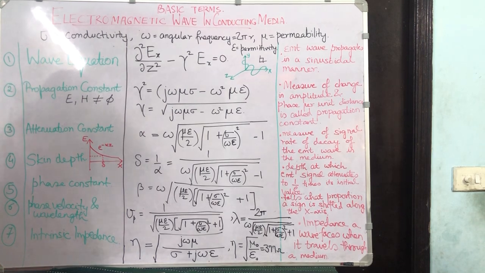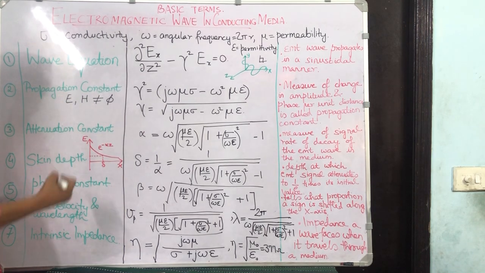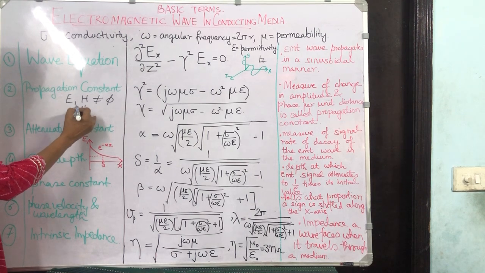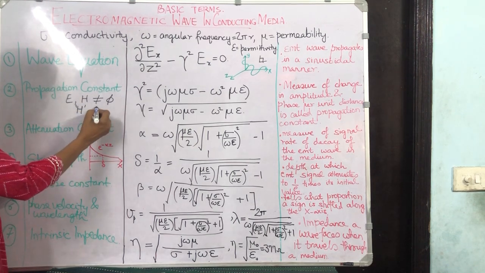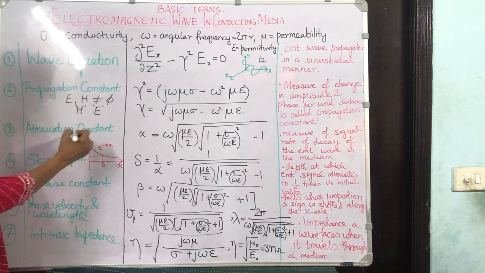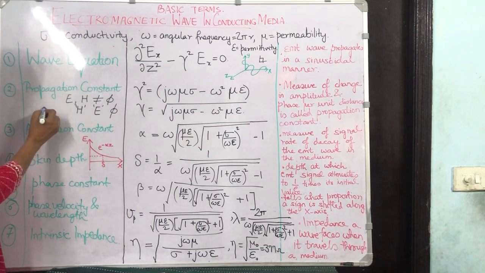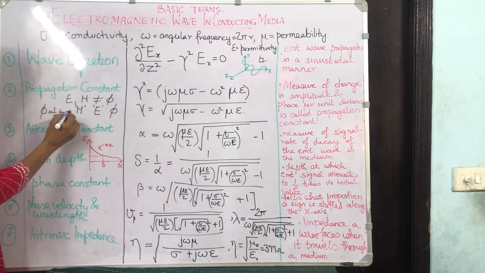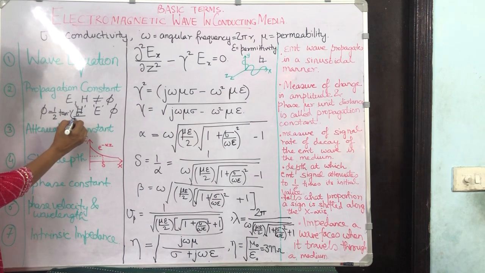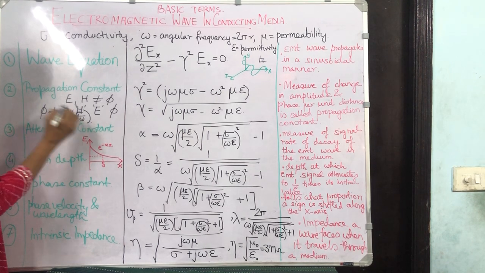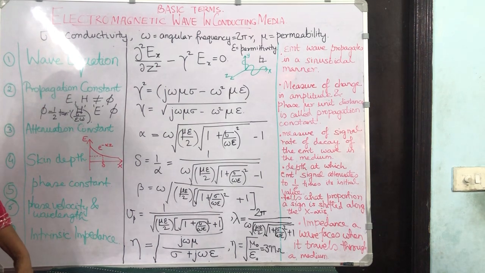The magnetic field vector H lags behind electric field vector E by an angle phi, where phi is equal to half tan inverse of sigma upon epsilon omega, where sigma is conductivity, epsilon is permittivity and omega is angular frequency. We will derive all this right now.